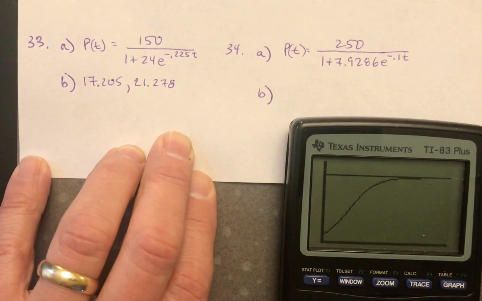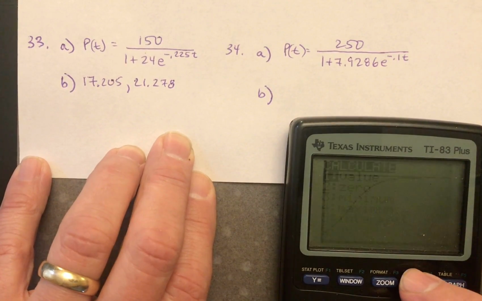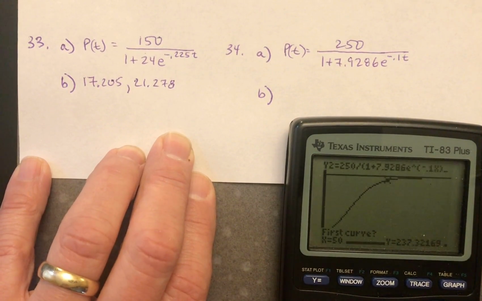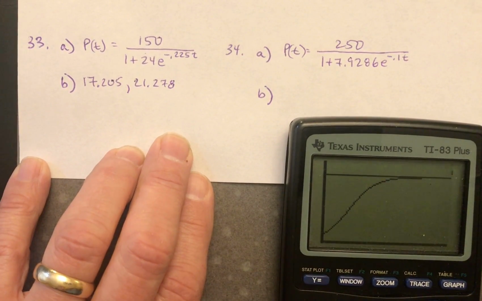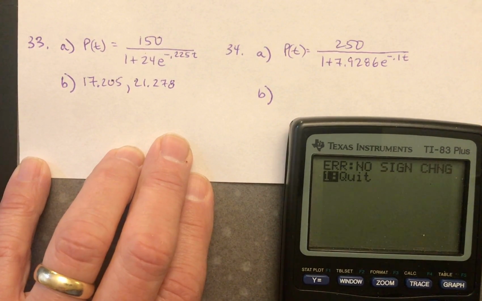Let me just show you what happens here. If I do second trace, 5, and I want to find out that point of intersection. If we wait for it to graph, it's trying to find that point of intersection, but it says there's no sign change.